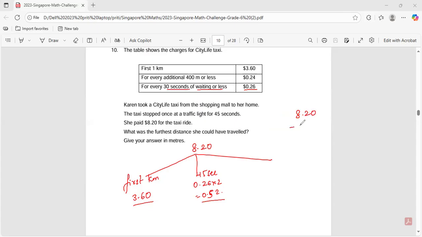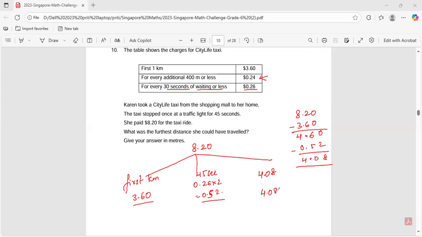So now out of 8.2, we have the breakup of the waiting time and the first kilometer. So let's just subtract. 8.20 minus 3.60, so I get 4.60. 4.60 minus 0.52 is 4.08. Now 4.08 was actually charged for these many kilometers or meters.